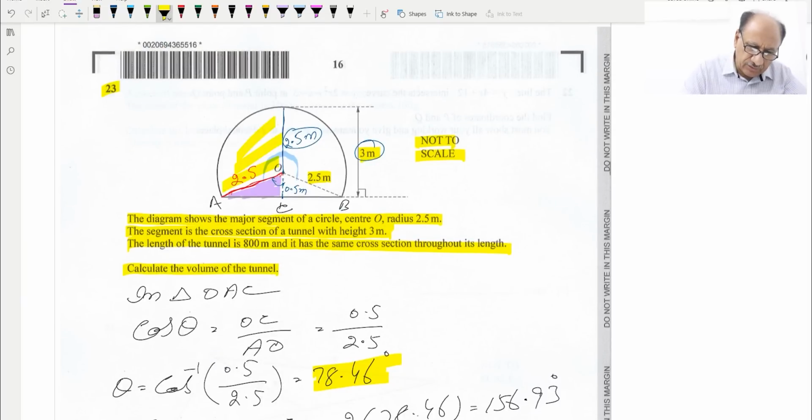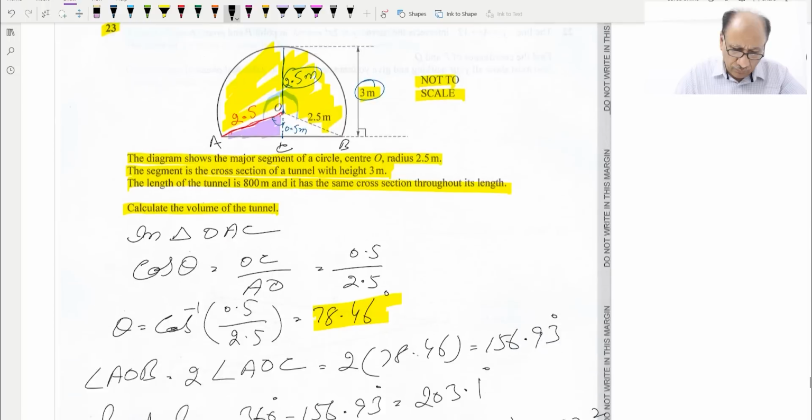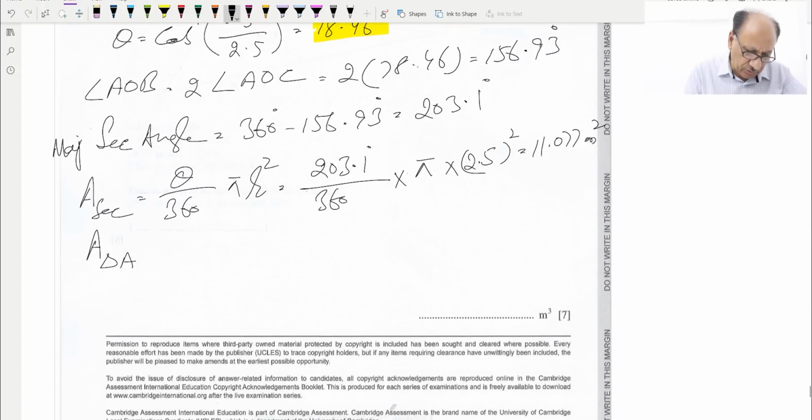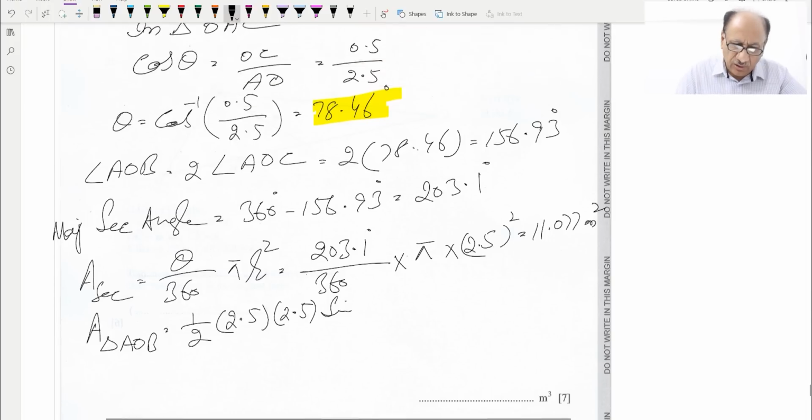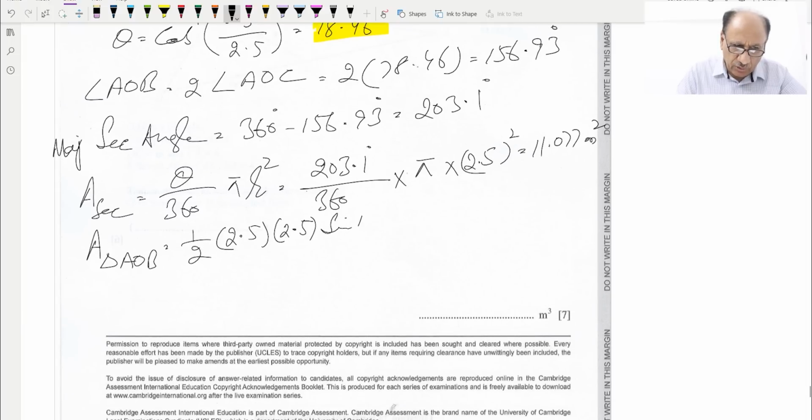We found the area of the sector, and now we need the area of the triangle AOB. This will be equal to half times AB times sine C, so 0.5 times 2.5 times 2.5 times sine of the angle, which is 156.93, that we found.